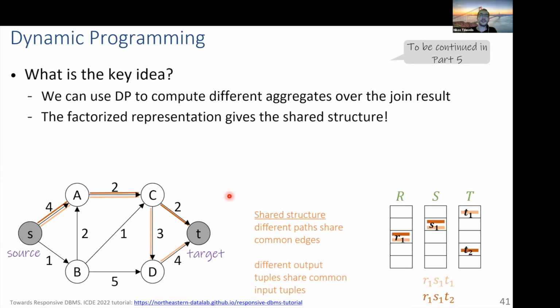And the shared structure is given exactly by the factorized representation. Basically, in the same way that paths in the graph share common edges, the output tuples of a join share common input tuples. So as an example here, we can have two output tuples, R1, S1, T1 and R1, S1, T2, and you can see that they share the same input tuples R1, S1.